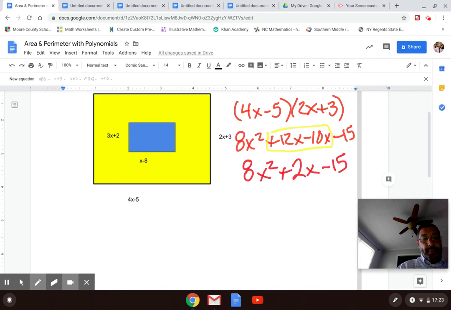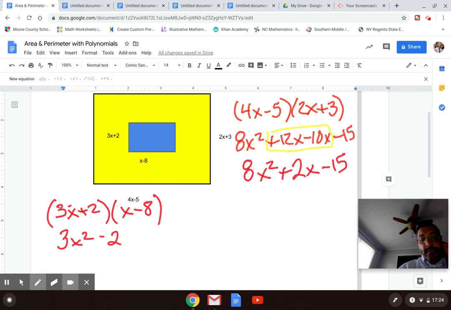Now to find my area of the blue region, I would do 3x plus 2 times x minus 8. So when I do that, 3x times x gives me 3x squared. And then 3x times 8 is going to be minus 24x plus 2x minus 16.